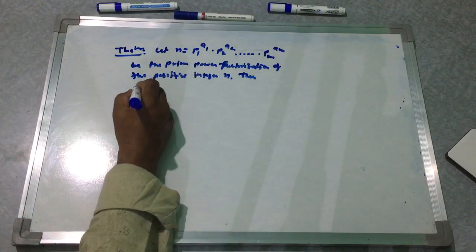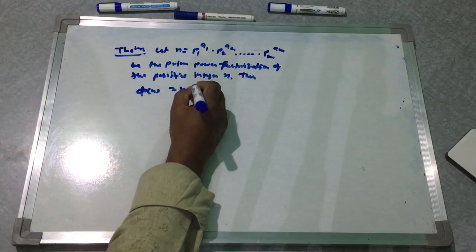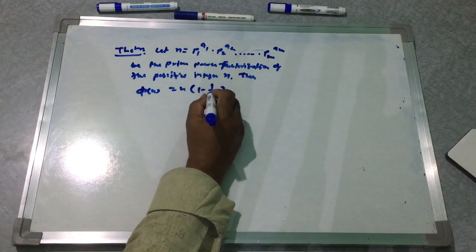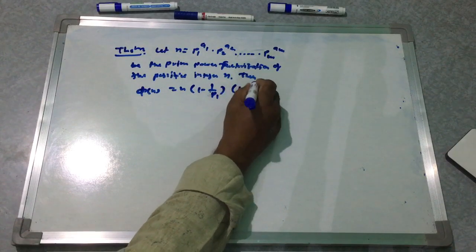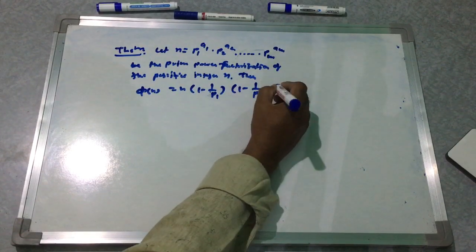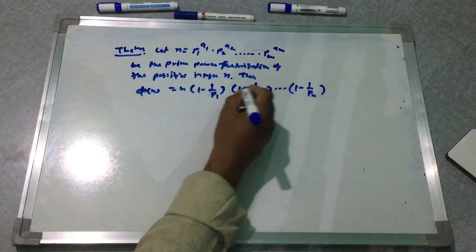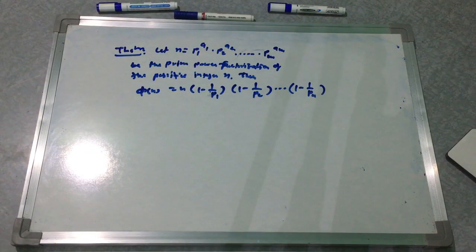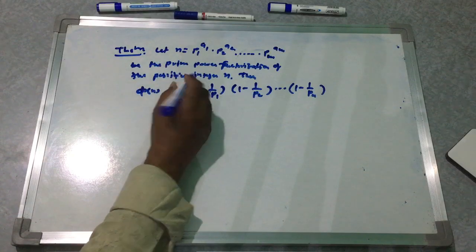Then phi of n is equal to n into (1 minus 1 upon p1) into (1 minus 1 upon p2), up to (1 minus 1 upon pm). So this is the theorem. Just to keep more concentration on the theorem statements.